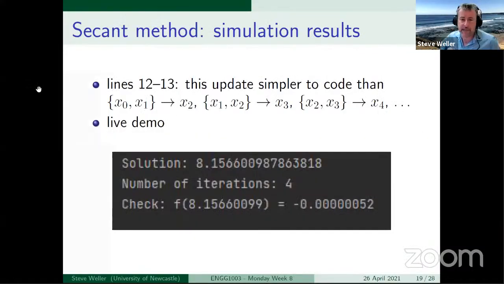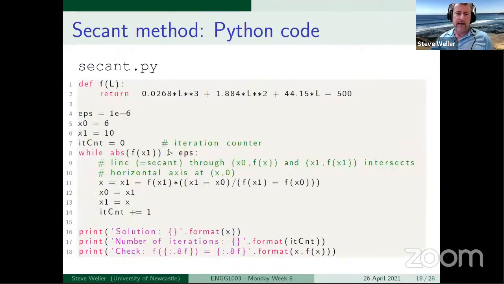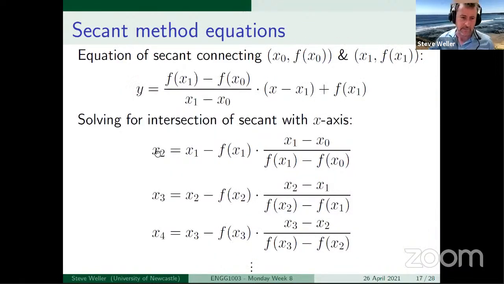Okay, so to summarize on slide 19, where we got to with those simulations: I guess the most subtle point was the one I discussed when we looked at the code. It might look a bit odd that the solution here is coded only in terms of x0 and x1, when the method looks like it involves also x2, x3, x4.